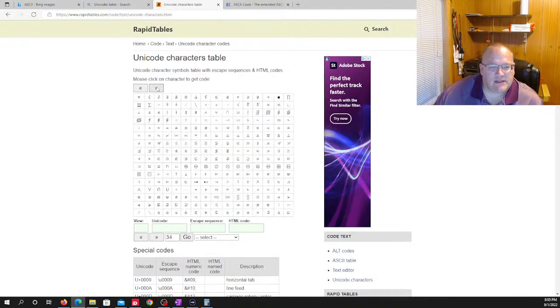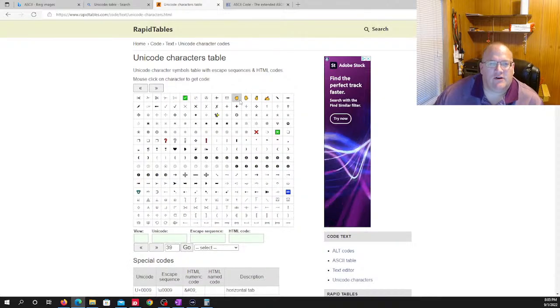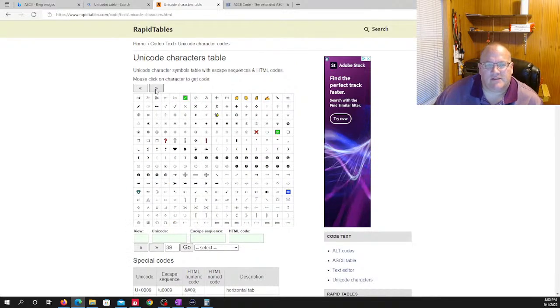Boy, we can just keep going, can't we? What? There's a Unicode code for a little snowman picture, a sunny picture, or a partly cloudy one, I mean. So that's actually pretty interesting. Oh, there's a little heart there. See, there we go. You can look that up. Does it say what that one is? It does.